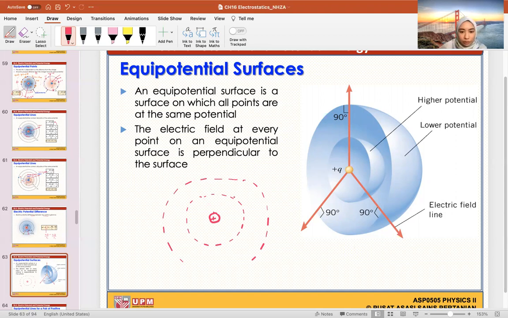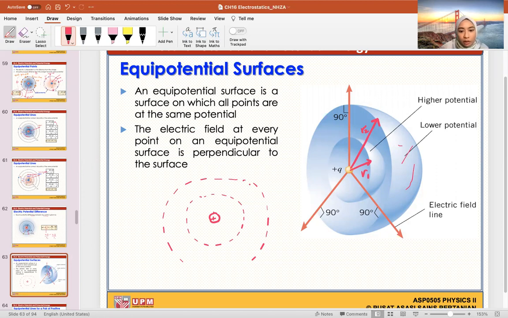I'm not good at drawing, but the concept is the same. You only care about the radius here. So this is R2, this is R1. It's exactly the same as the equipotential line, except that along the surface, all the potential is the same.